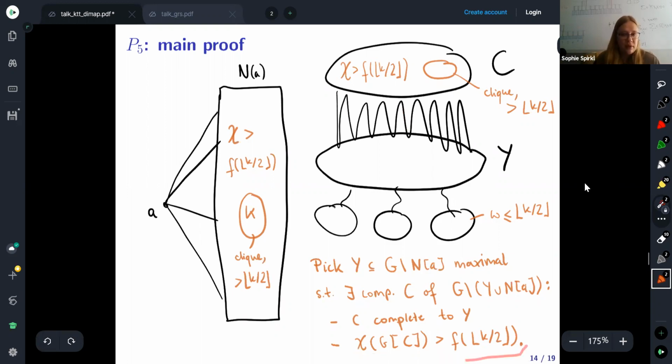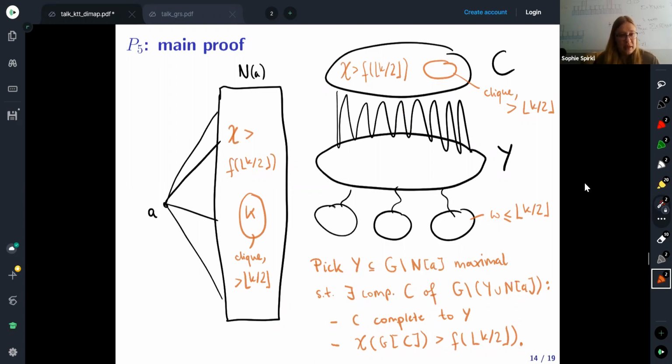And we can do this because the empty set works for Y. We can assume that certainly the right-hand side of the picture has chromatic number at least f of k over 2, otherwise we're done immediately.